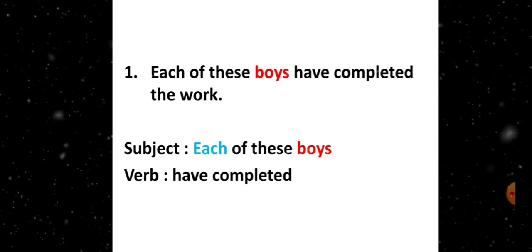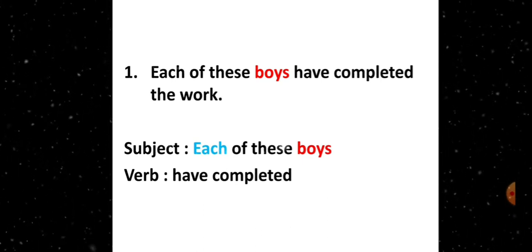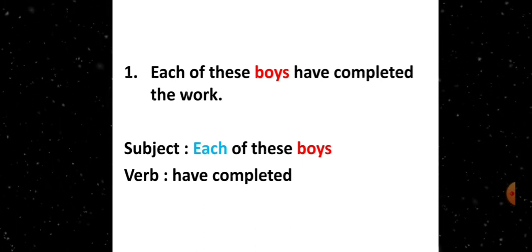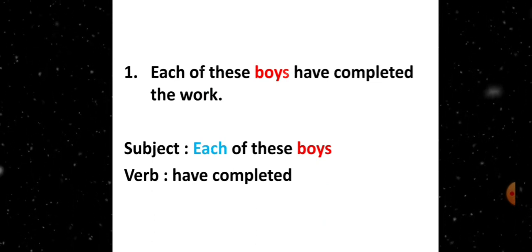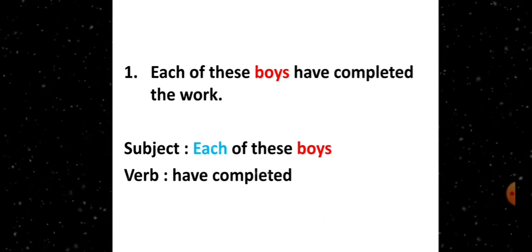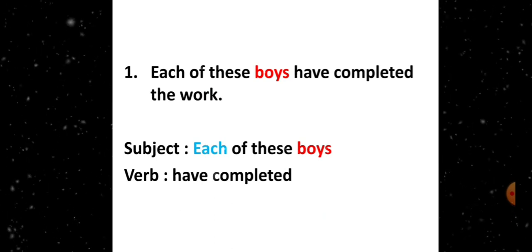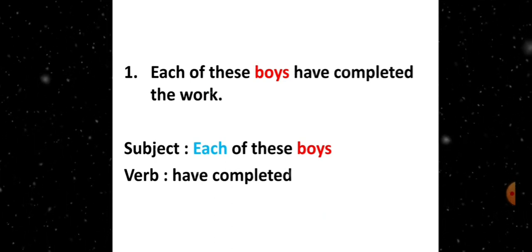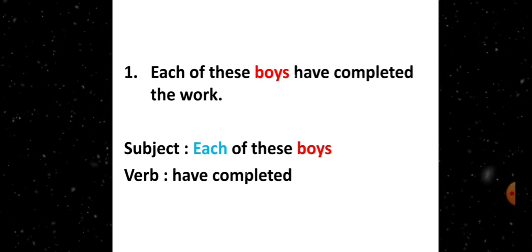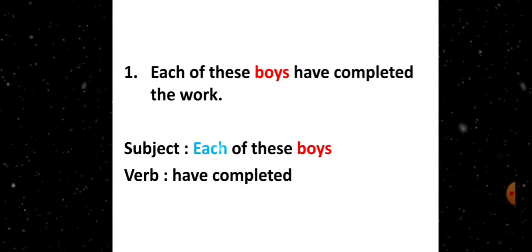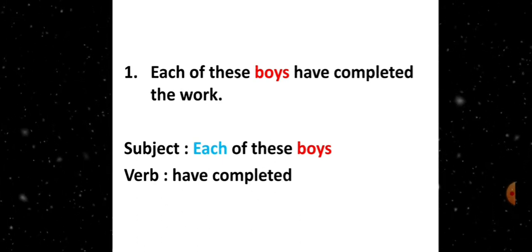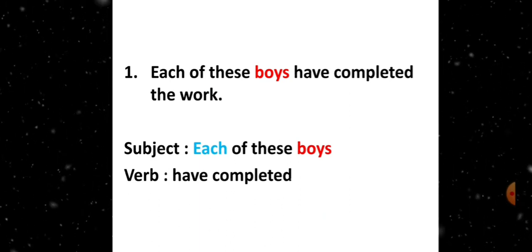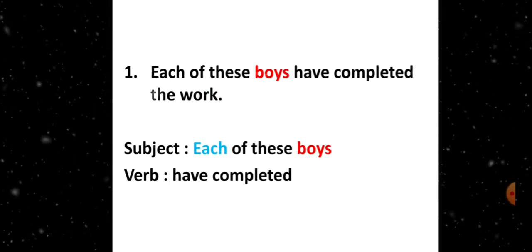So remember, whenever a plural noun has each before it, it should always be used as singular. So each of these boys have, no, it is each of these boys has. So the correct expression here is each of these boys has completed the work, not have. And the rule is each should always be used as singular.